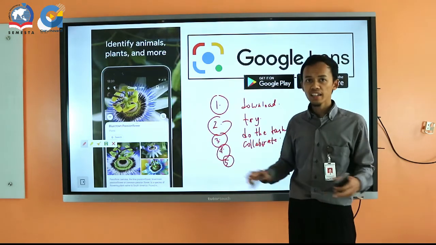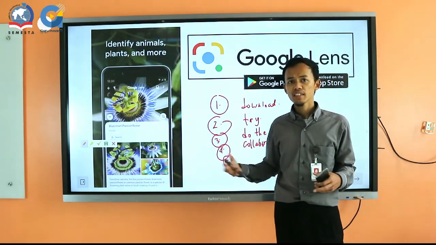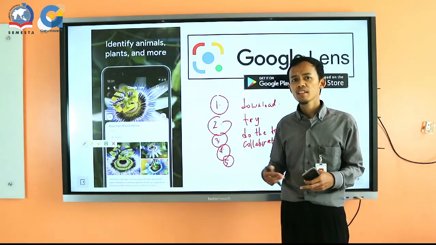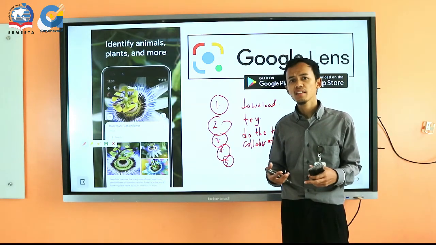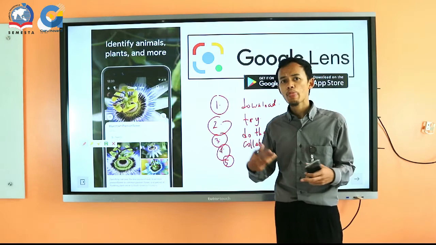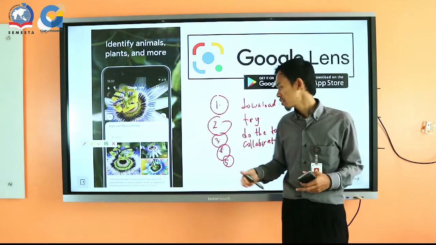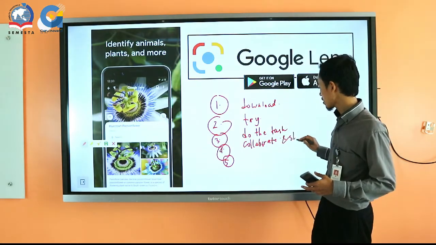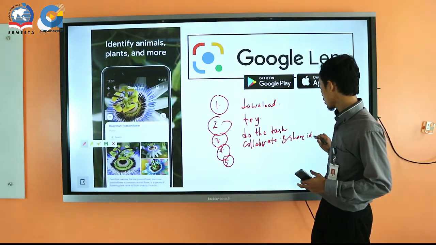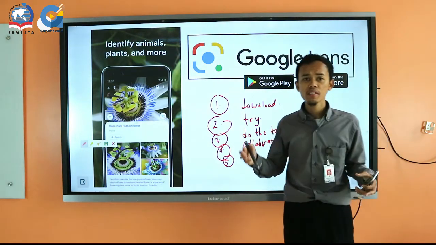And you input the data and share it with other teams and other members. Are these the correct names, or is there any review for the species that I found? You collaborate and share ideas, and ask about the species that you found.